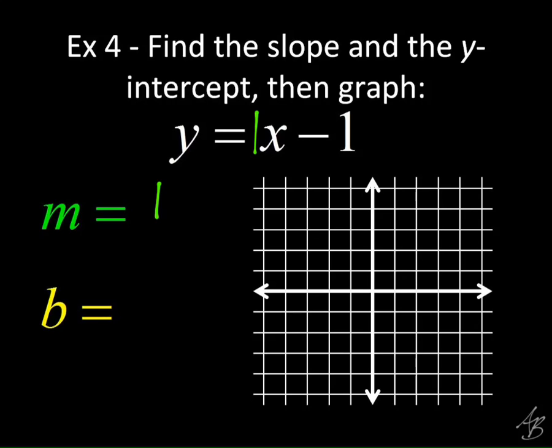Now, do I need to change that to a fraction? Yeah, it's going to be 1/1. All right, so there's nothing in front of x, so our slope's going to be 1/1. What's the y-intercept going to be? Y-intercept is -1. All right, so there's your y-intercept. So what do we do first, the slope or the y-intercept? Do the y-intercept first. Where's that going to be?